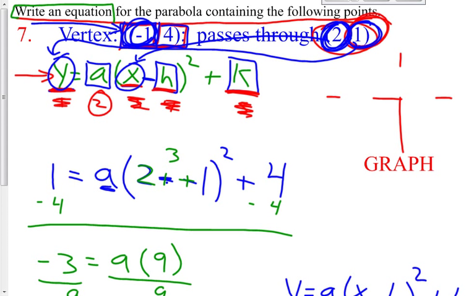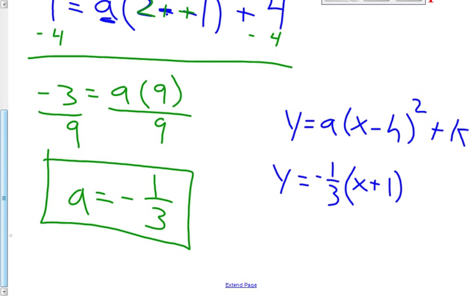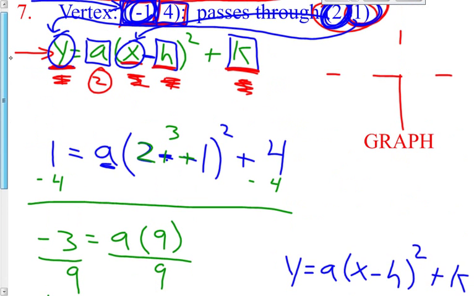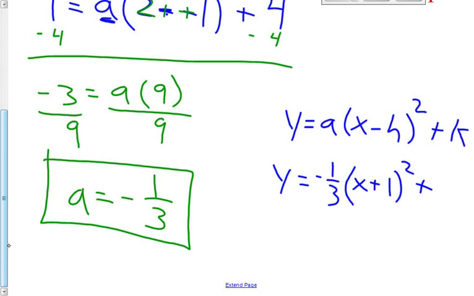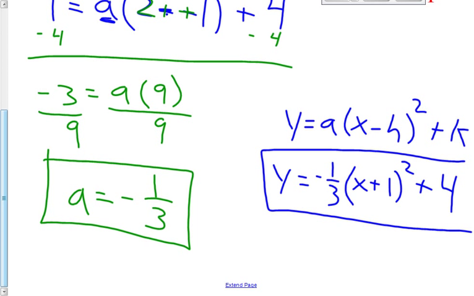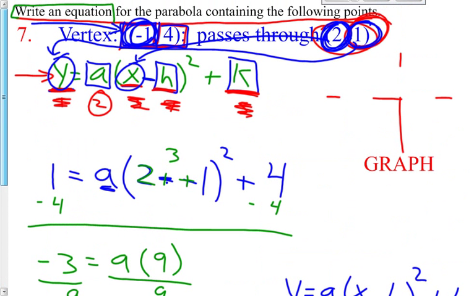So what's the opposite of a negative 1? It would be this x plus 1. That quantity squared plus k, whatever k is, and k is 4. So this is your answer. This represents an infinite number of points that the parabola goes through instead of just this one.